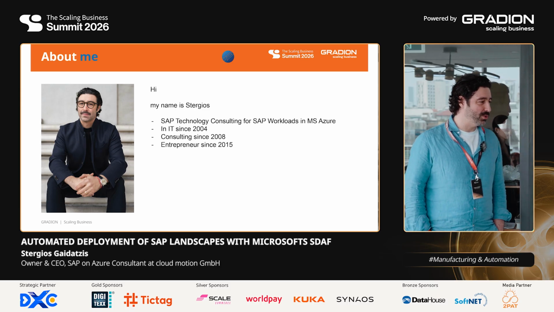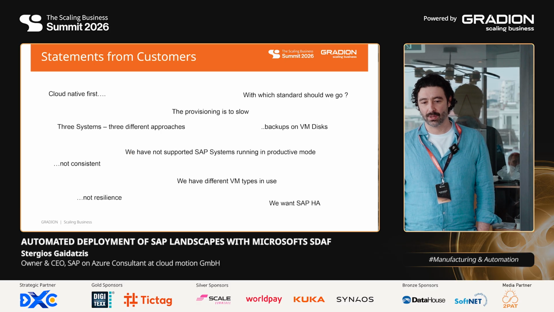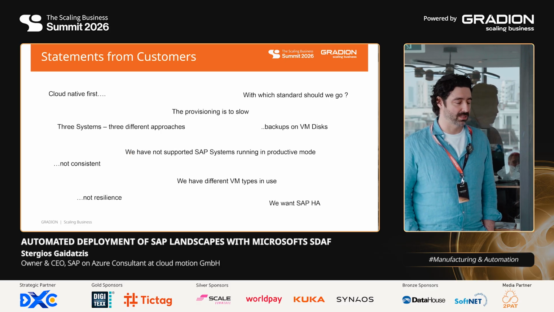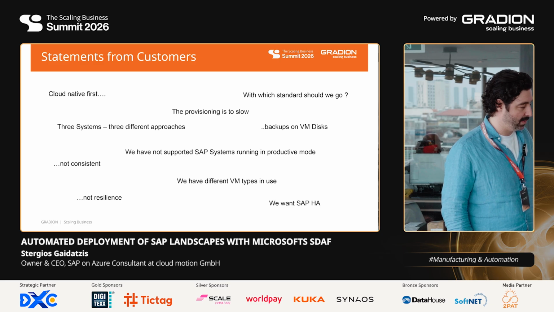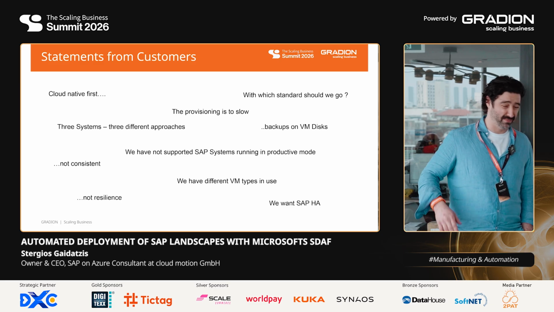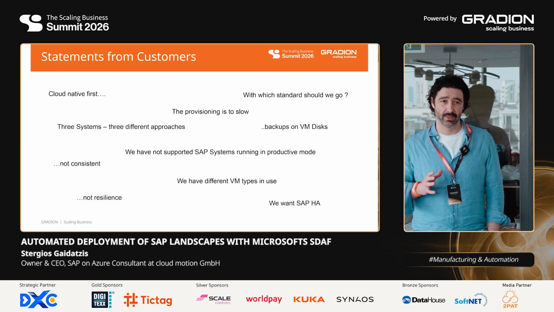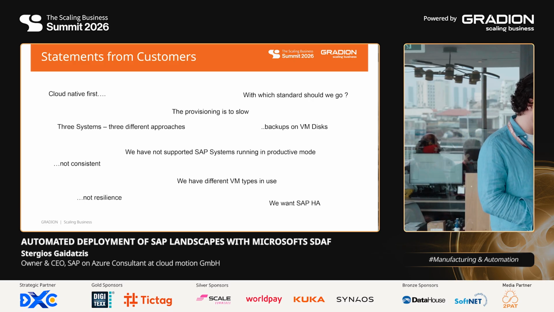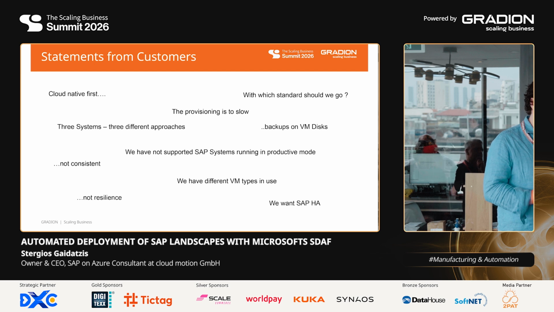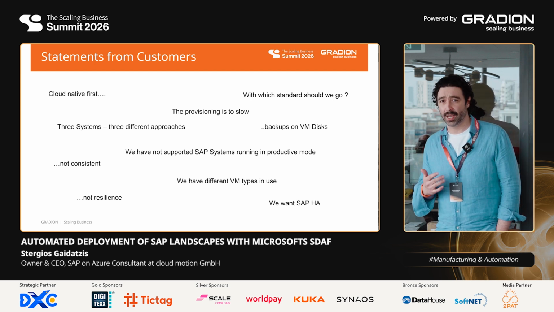If I'm talking with customers, I hear a lot of similar statements. Similar means they have a lot of pain points when they move to the Azure cloud. Let's pick something out, for example, backups on VM disks. What are backups on VM disks? We are in Azure here.